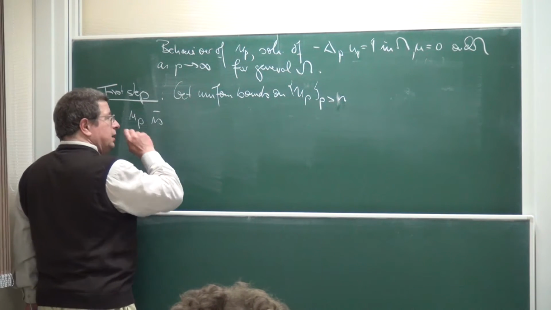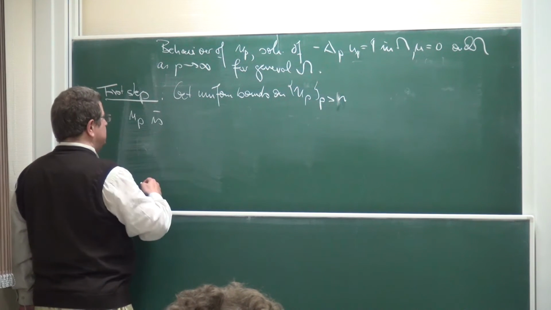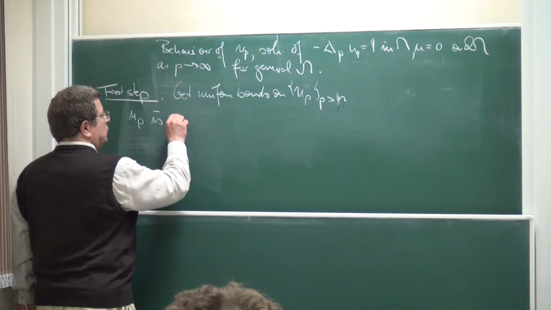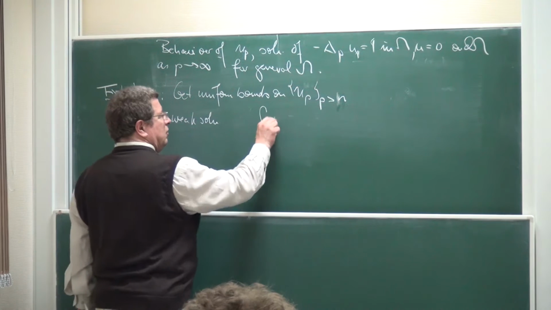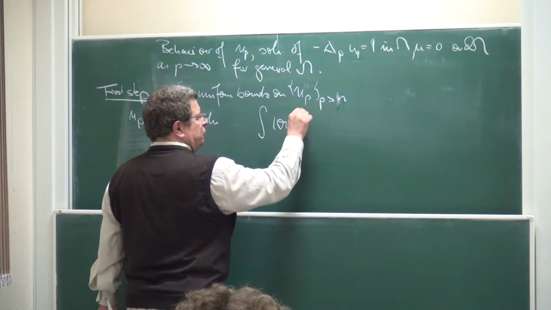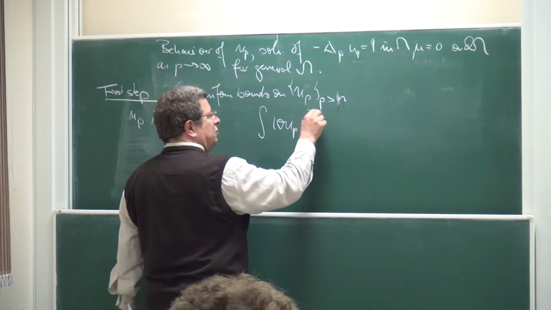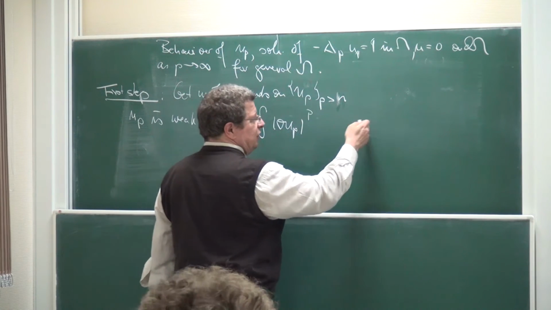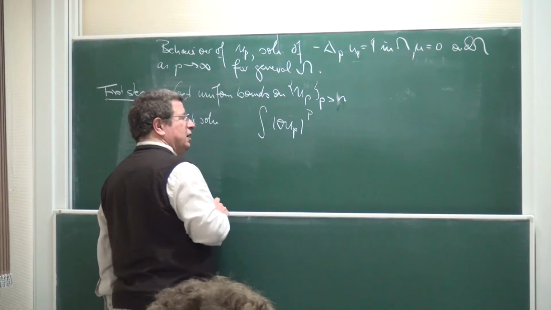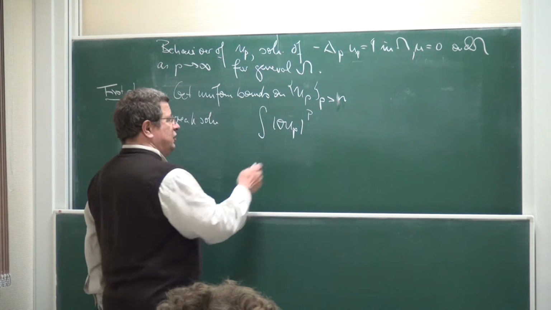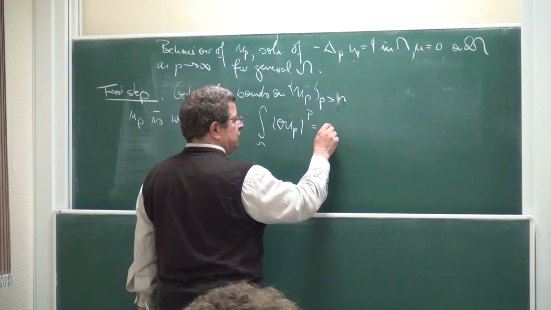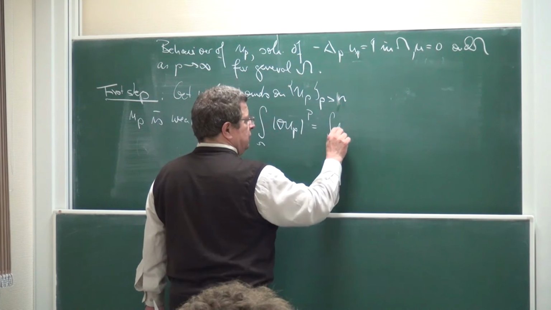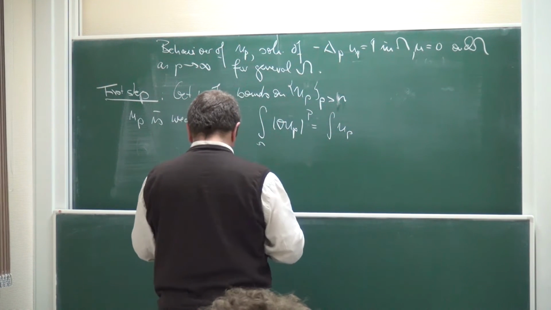So u_p is a weak solution. That means that the integral of the gradient of u_p to the power p minus 2, gradient u_p, gradient phi is equal to something. And if I take u_p as a test function, I get that this integral is equal to the integral of u_p.